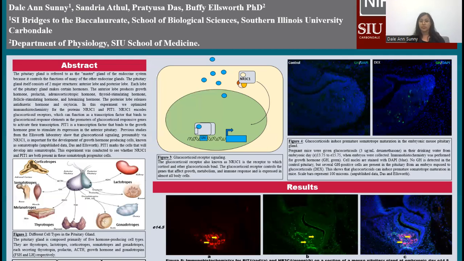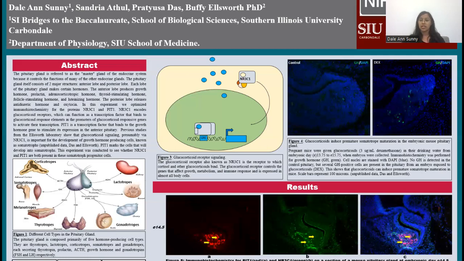In my lab, one of the graduate assistants did an experiment using dexamethasone, which is a glucocorticoid, on a mouse which was aged 13.75 to 15.75 days old. As you can see in figure 4, these were the results.